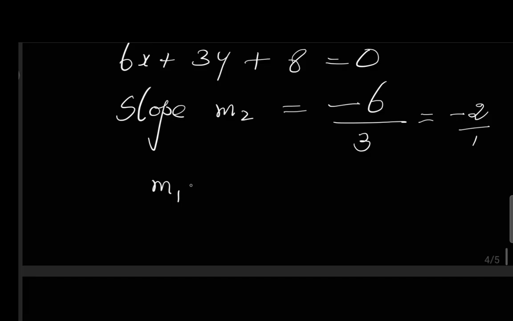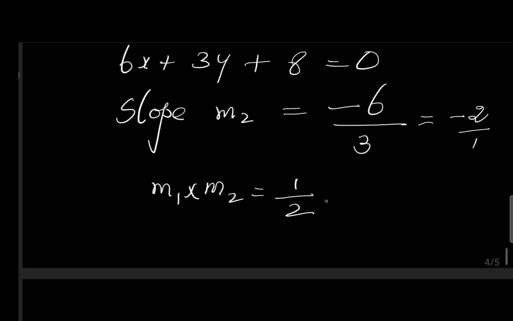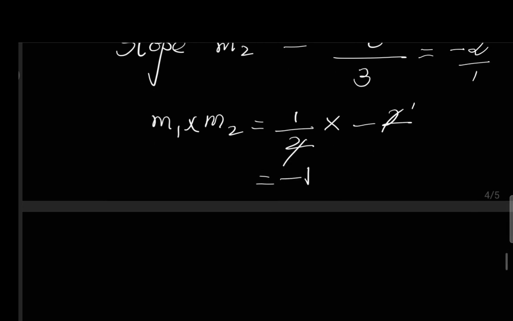So find m1 into m2. So what is m1 here? 1 by 2 into m2, which is minus 2 by 1. That is 2. See, 2 and 2 cancel, you will get 1. 1 ones are 1, minus 1. So m1 into m2 is equal to minus 1.